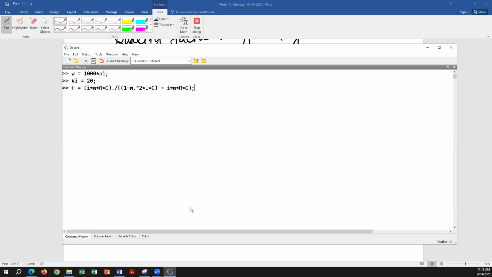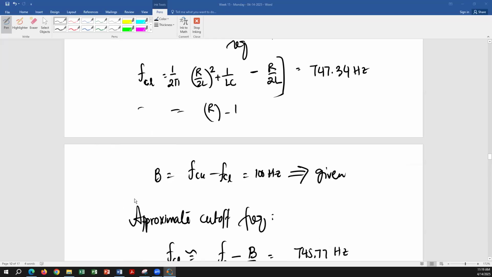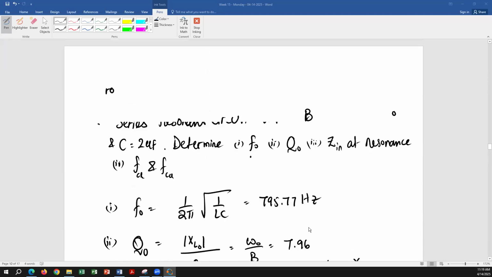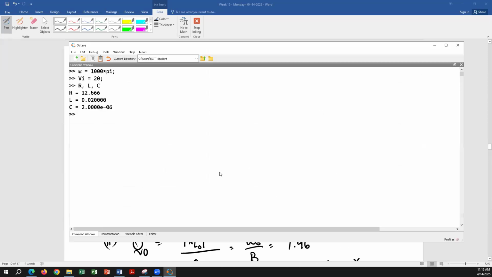Of course, we already have the values of R, C, and L for the new one that I put. I don't think I cleared those values. R is 12.566, L is 20 millihenry and C is 2 microfarad. So we have all these values, the values that we calculated.